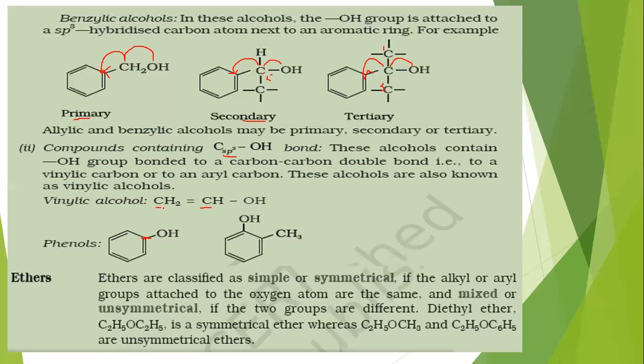This is also sp2 hybridized carbon, but we need only this one, because OH is attached to this sp2 hybridized carbon. In this example, this OH is bonded to an sp3 hybridized carbon. This carbon is sp2 hybridized. So all carbons in the benzene ring are sp2 hybridized carbons.